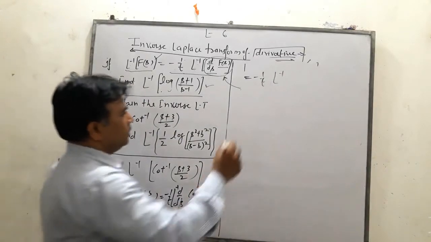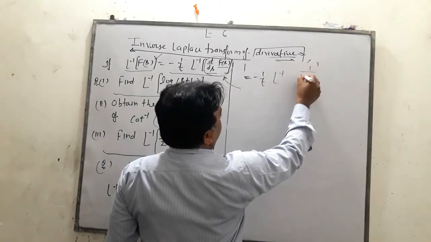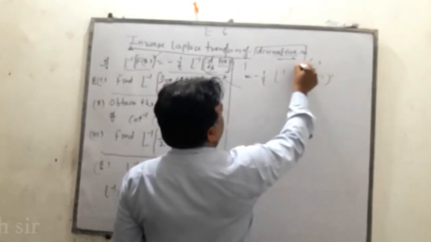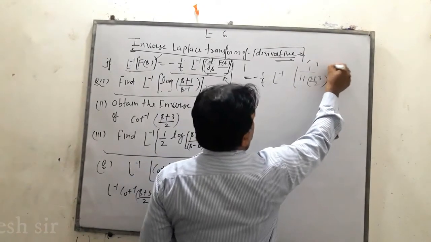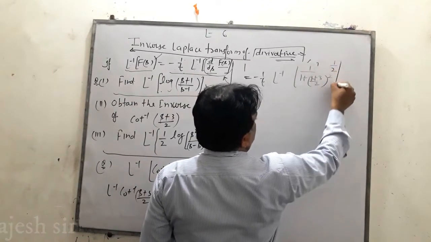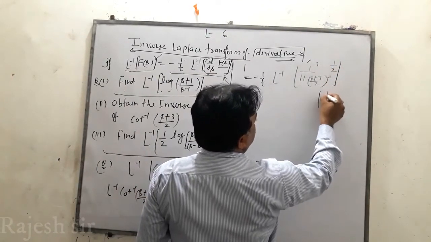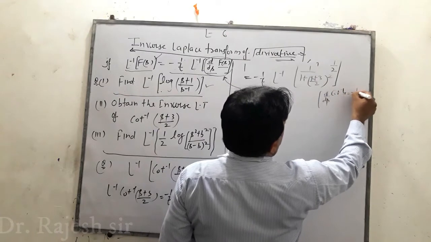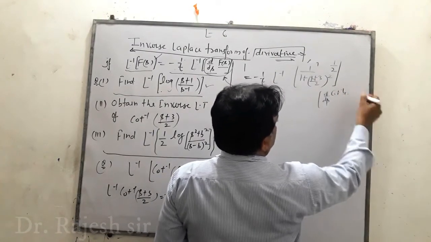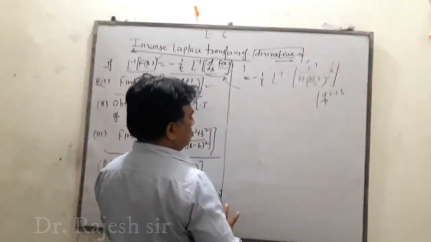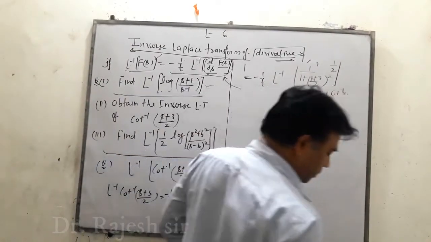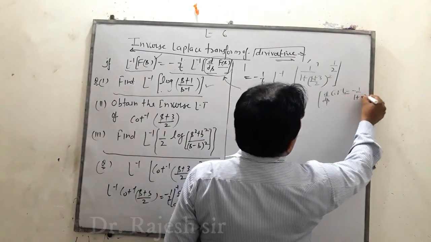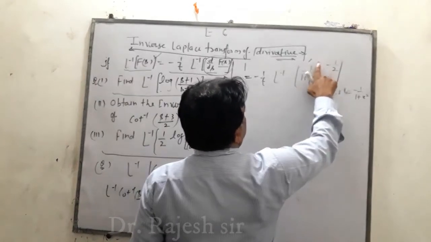By the formula, d over ds of cot inverse x equals minus 1 upon 1 plus x square. It means a minus sign, and then 1 upon 1 plus ((s plus 3) upon 2) whole square, and again differentiating, times 1 by 2.